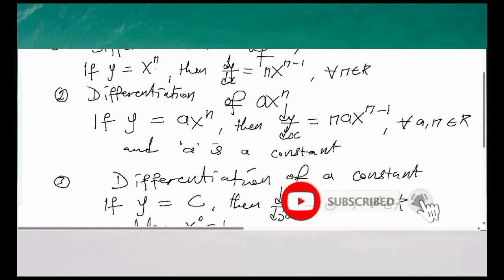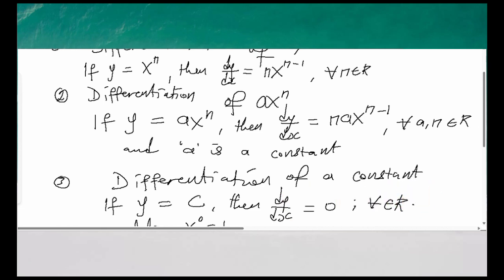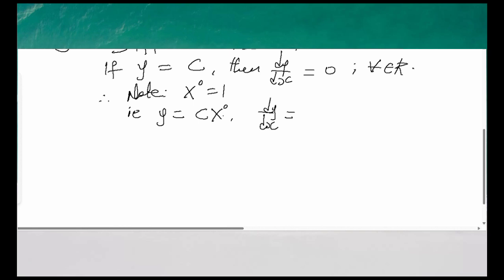So here the power is n. We're going to multiply everything by n, and we decrease this n by 1. So looking at y is equal to c x raised to the power 0, we're going to multiply everything by 0. So 0 times c, then x raised to the power 0. But when we decrease this power by 1, we get minus 1.